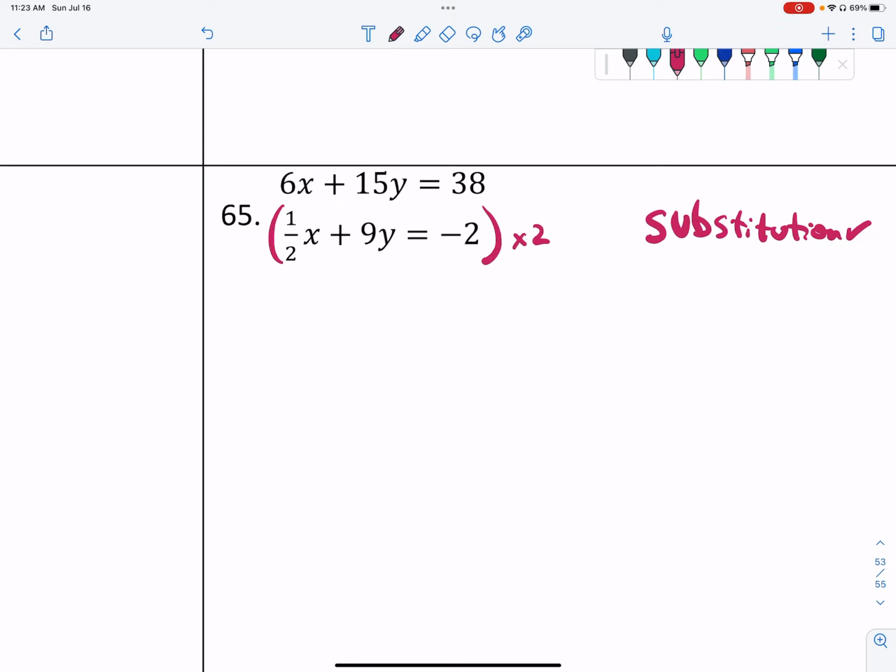Alternatively, let's see, this top equation, if you notice, I was about to say everything is divisible by 3, but that 38 messes everything up, so that's not the case. You could, again, multiply this bottom equation by 2, get rid of the fraction if you wanted to. You could also multiply the bottom equation if you wanted to do this by elimination.